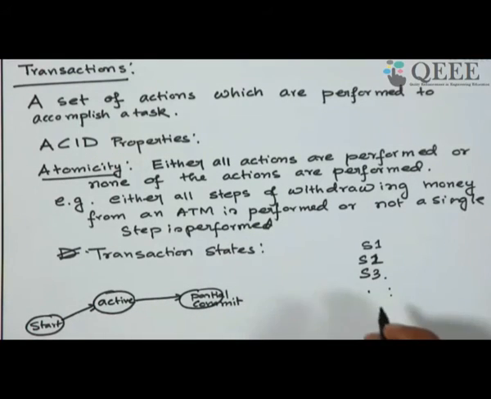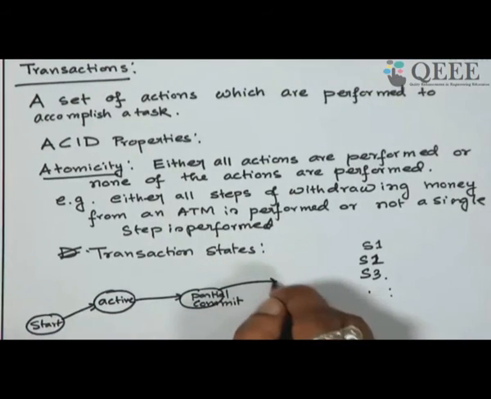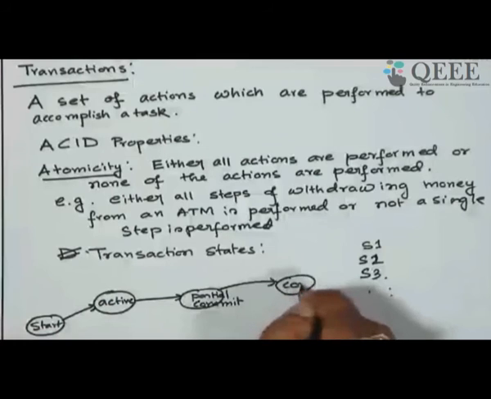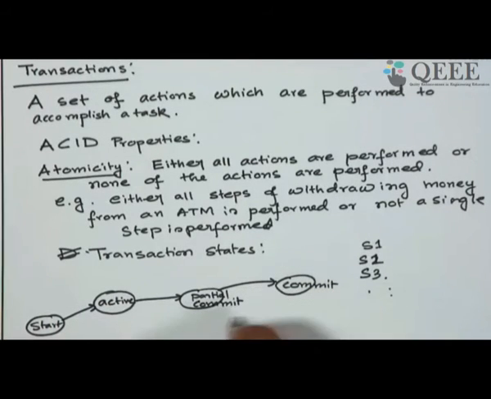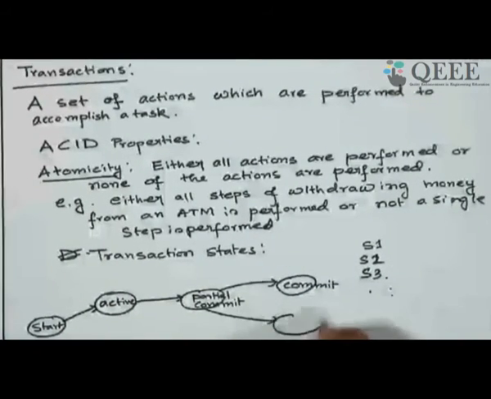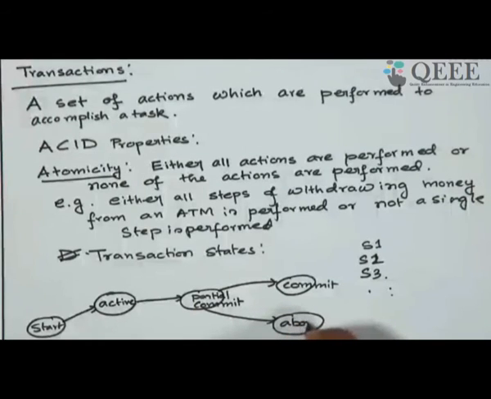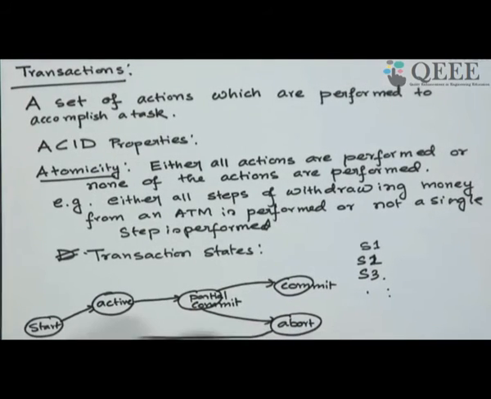At the end of each transaction, the outputs are written to the hard disk. Before that is done, when all actions are over, you are in the partial commit state. From that, it can either commit or it can abort. If it aborts, it will come back to the start state.